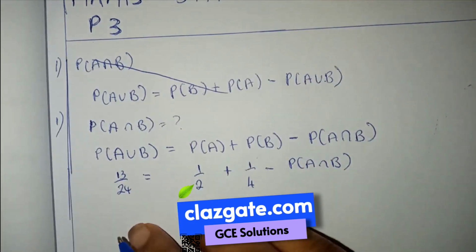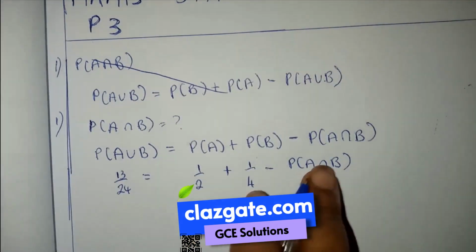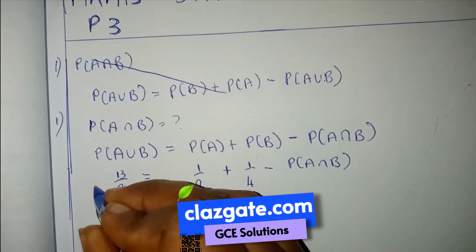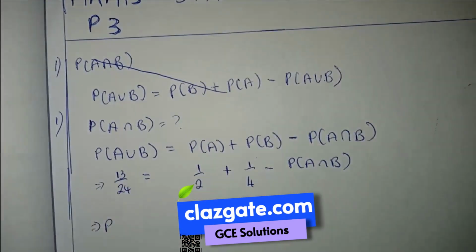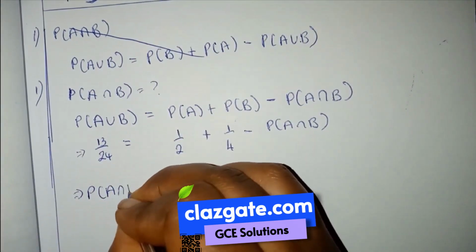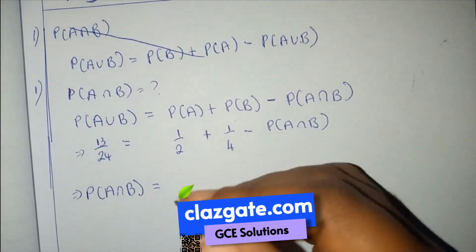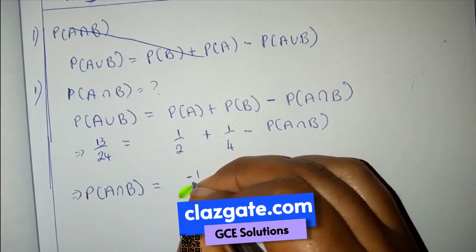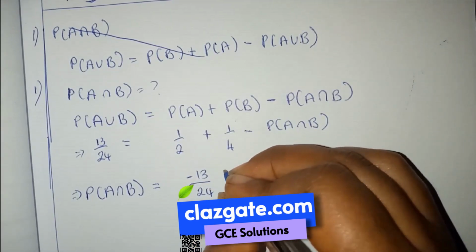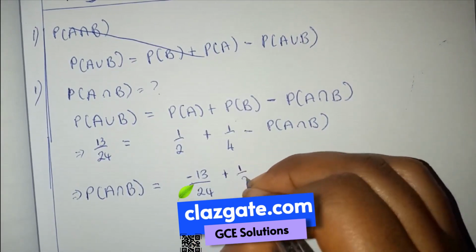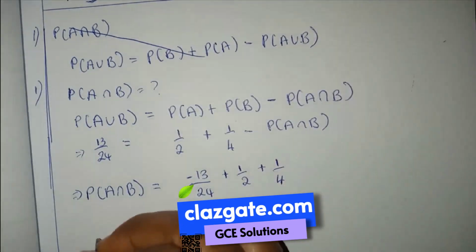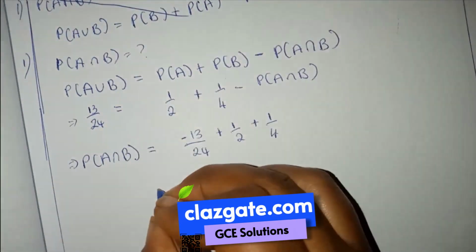Okay, this will come to the other side. We'll make this subject of the formula. So we'll have probability of A intersection B is equal to -13 on 24 plus half plus 1/4.